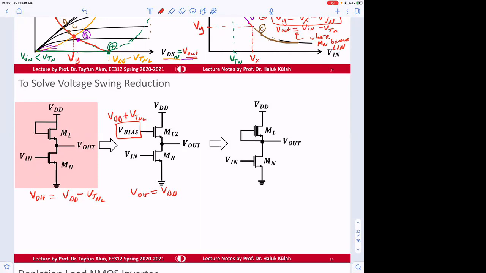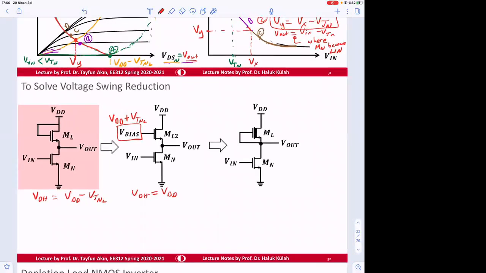Gate to source, drain to source. This should be the case, yeah. Is this correct? I'm not sure. What is the status of the transistor here?